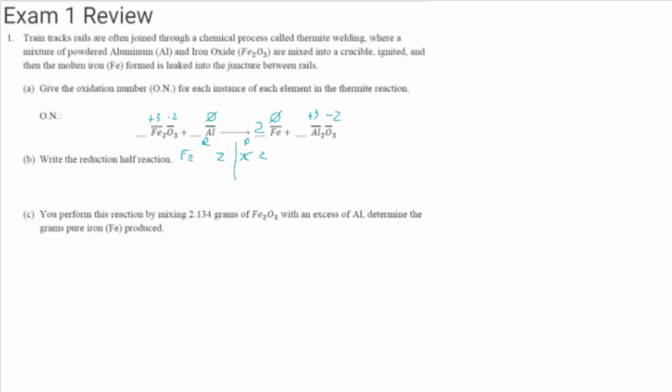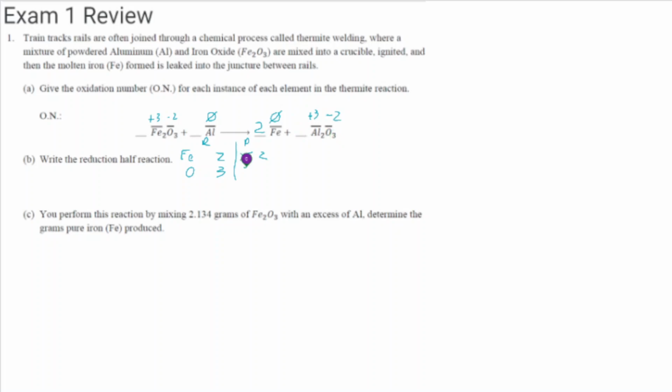Then we can look at oxygen. For oxygen, we have a 3 subscript here, so we have 3 oxygens in total here. Again, this coefficient is not written, so let's assume to do 1. So we'll have 1 times 3, giving us 3 oxygens. If we look at the product side, we have a similar scenario here, where we have 3 subscript there and a 1 coefficient.